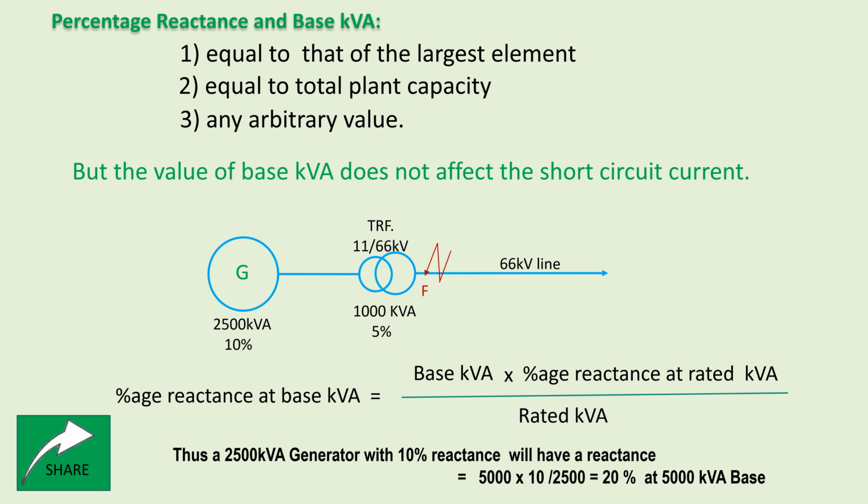Thus, a 2500 kVA generator with 10% reactance will have a reactance equal to 5000 into 10 divided by 2500 is equal to 20% at 5000 kVA base.